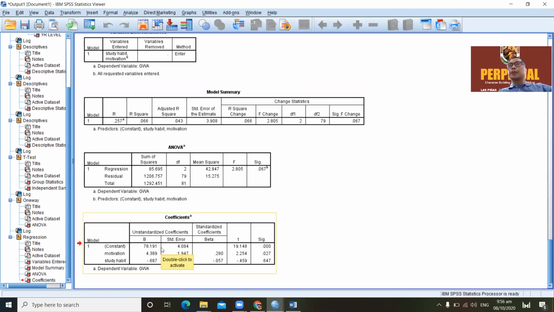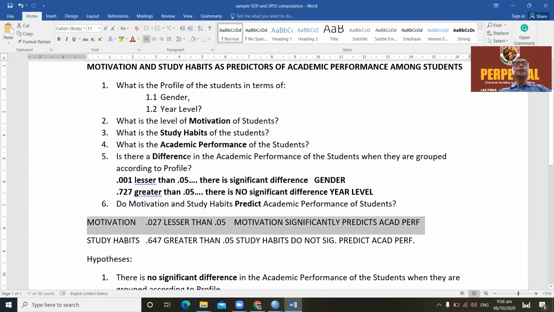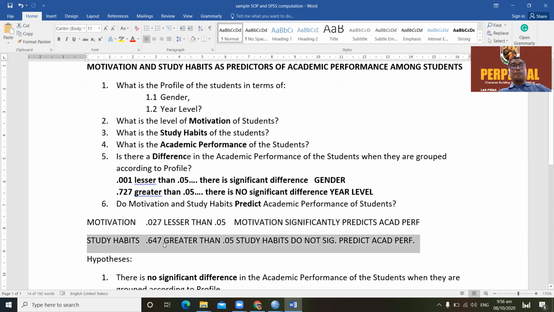However, when you look at them individually, motivation is lesser than 0.05 and study habit is greater than 0.05. Therefore, only motivation significantly predicts academic performance, because 0.027 is lesser than 0.05, while study habits 0.647 is greater than 0.05.